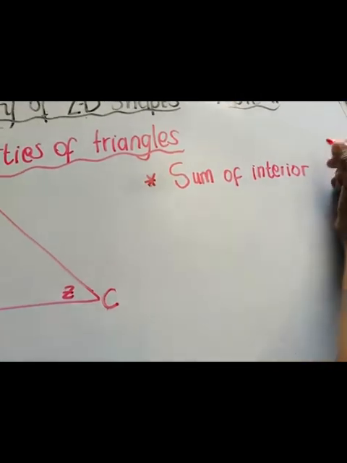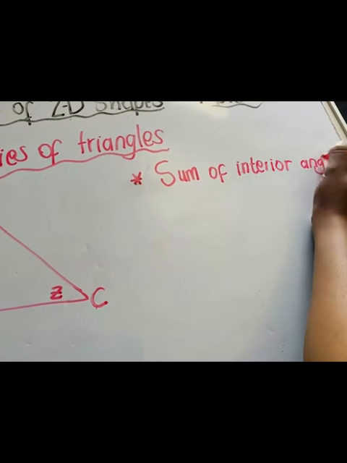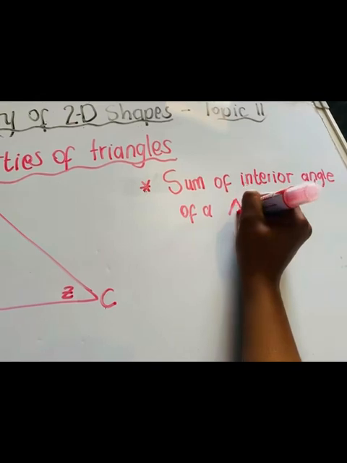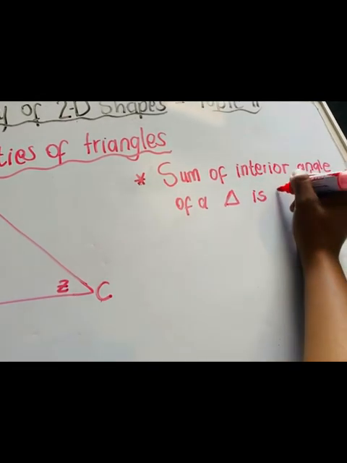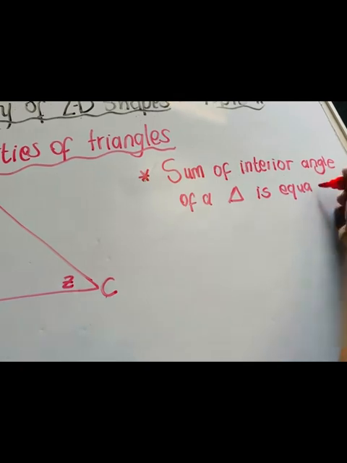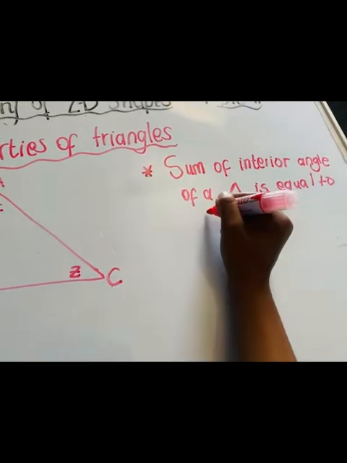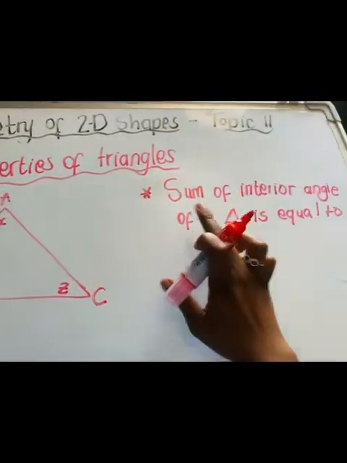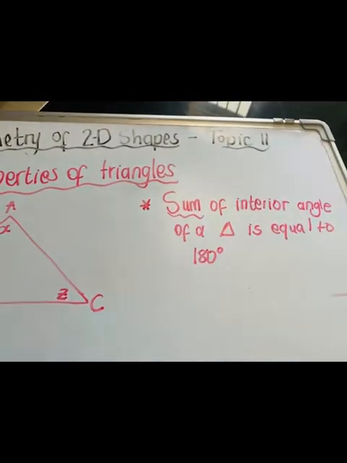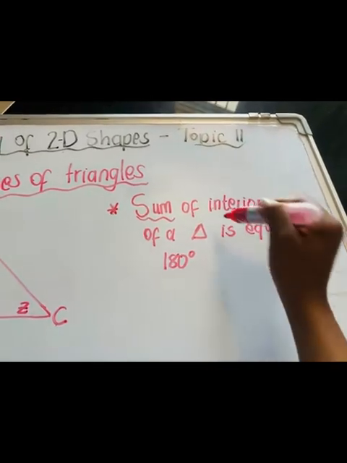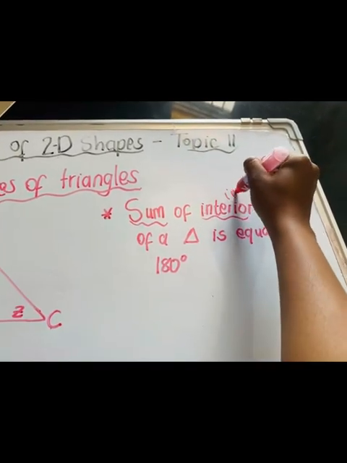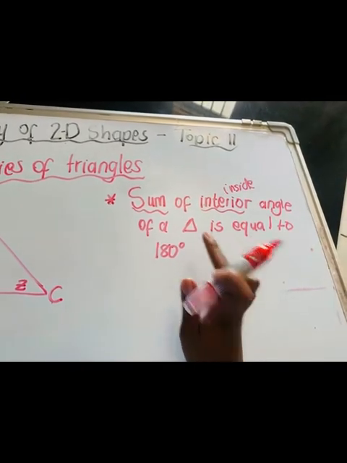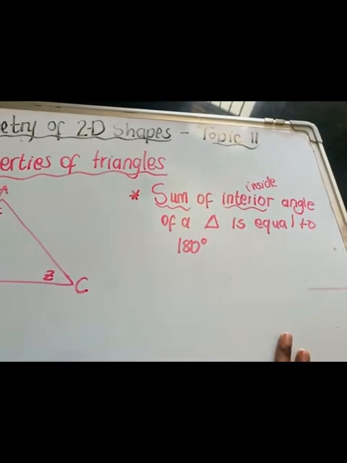So the sum of the interior angles of a triangle is equal to 180 degrees. Right. So the sum, meaning we're talking about adding, of interior. Now interior means inside. So we're talking about the inside angles of a triangle adding up to 180 degrees.